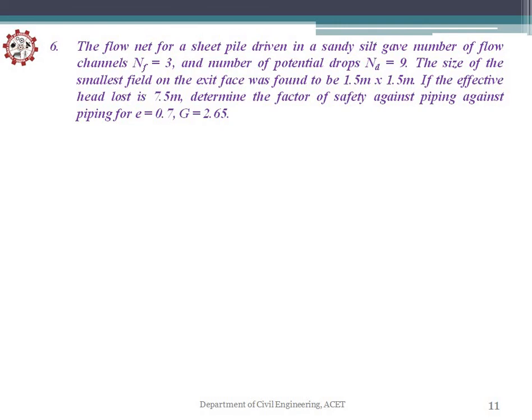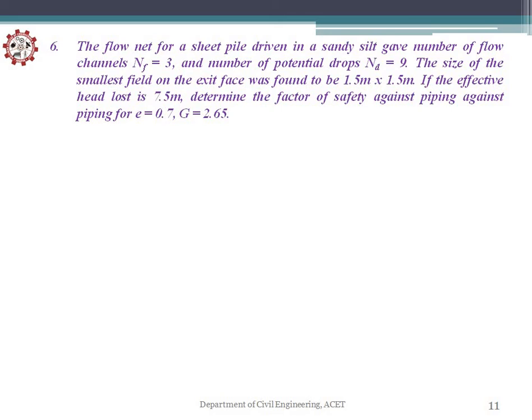Then, the flow net for a sheet pile driven in a sandy silt gave number of flow channels NF 3 and number of potential drops ND 9. The size of the smallest field on the exit face was found to be 1.5 meter into 1.5 meter.